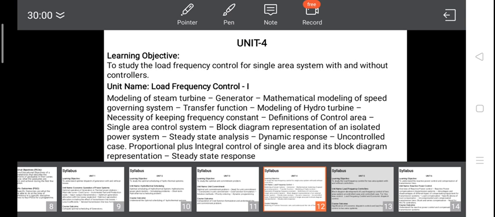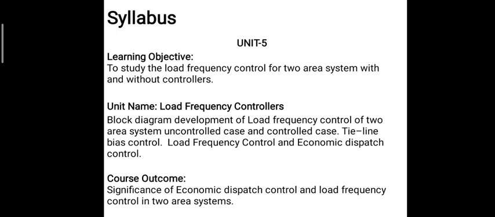Here the learning objective is to study the load frequency control for two area system with and without controllers. In unit 4, load frequency control for single area system with controller and without controller. Here, load frequency control for two area system with controller and without controller.